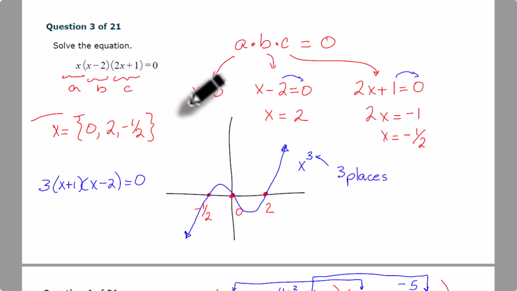It can calculate to be 0. This lead part is always 3. It's never changing. But this part could be 0. And similarly, this part could be 0. So I'm only setting to 0 those pieces that could calculate to be 0.